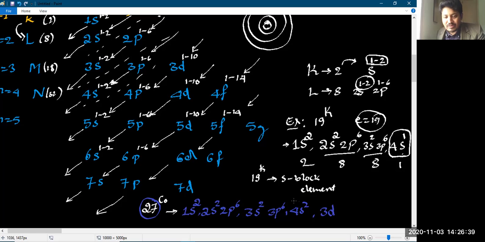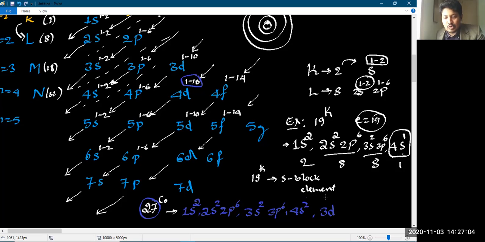Count the number of electrons already distributed: 2 plus 2 is 4, plus 6 is 10, 12, 18, 20 electrons already distributed. The total number of electrons in cobalt is 27. The d subshell can fill 1 to 10 electrons.